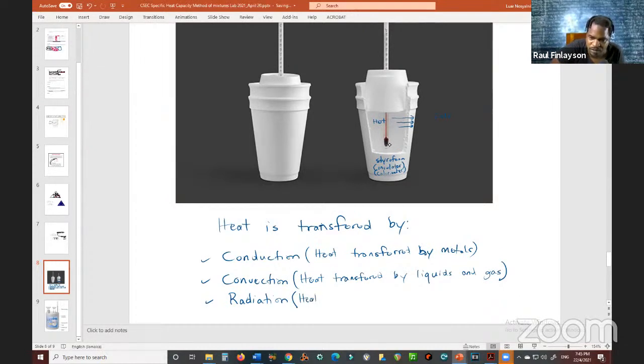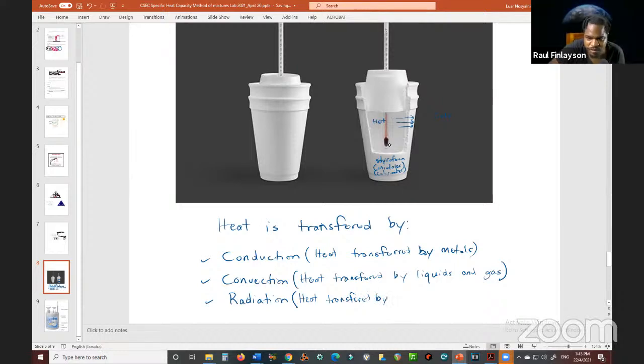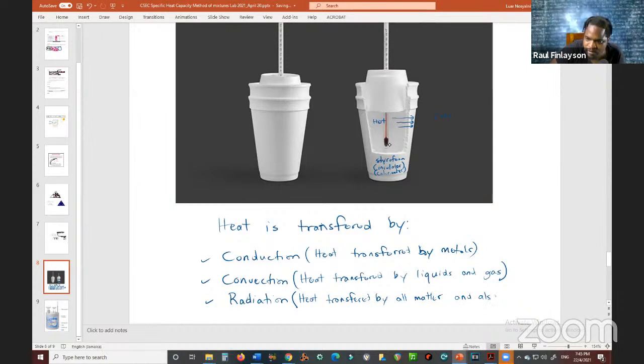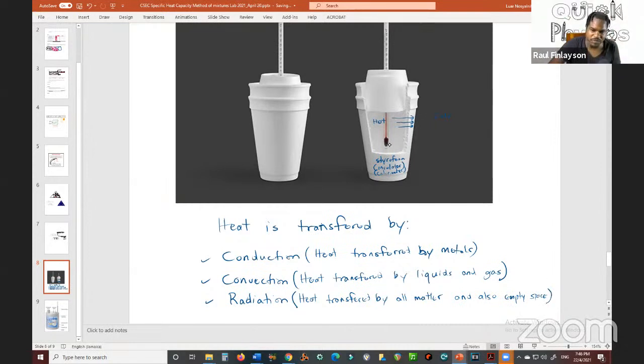All right, so radiation is heat transferred by all matter really, and also empty space. So radiation is really hard to prevent.